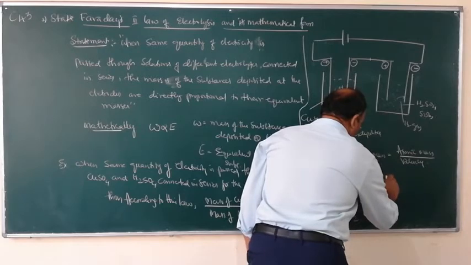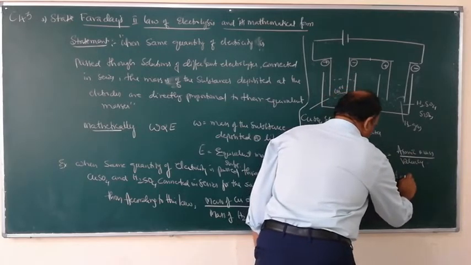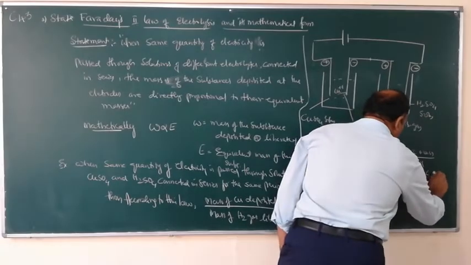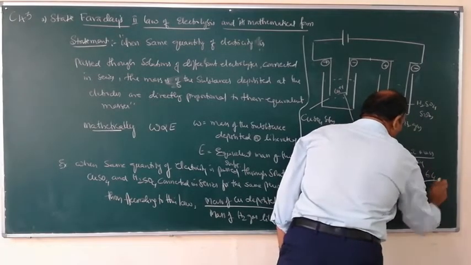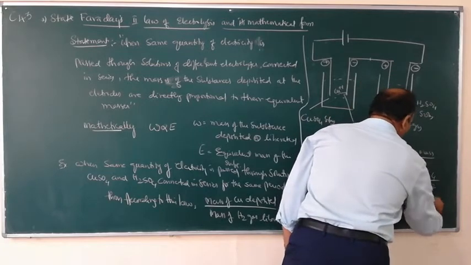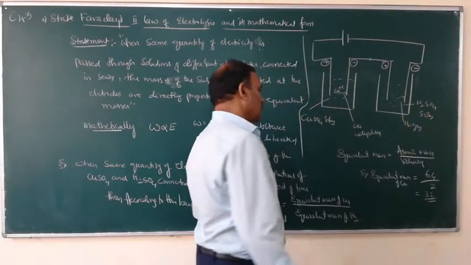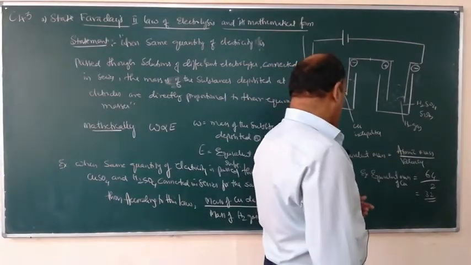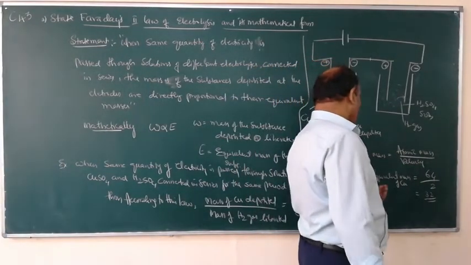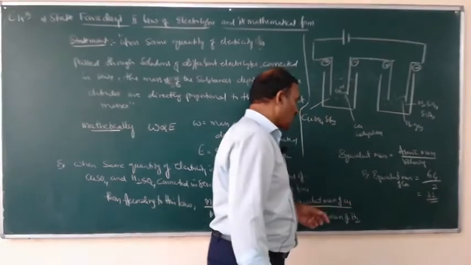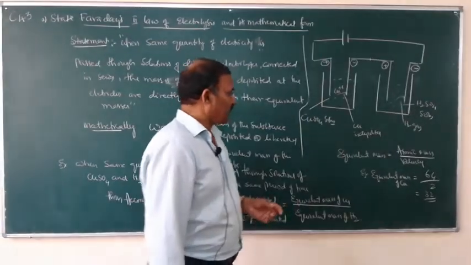Equivalent mass of copper is equal to 64 divided by 2, that equals 32. The valency of copper in the cuprous state is +1, in the cupric state is +2. So equivalent mass depends upon the valency.